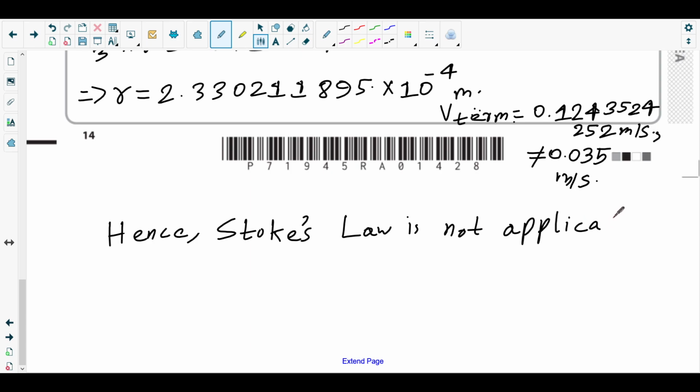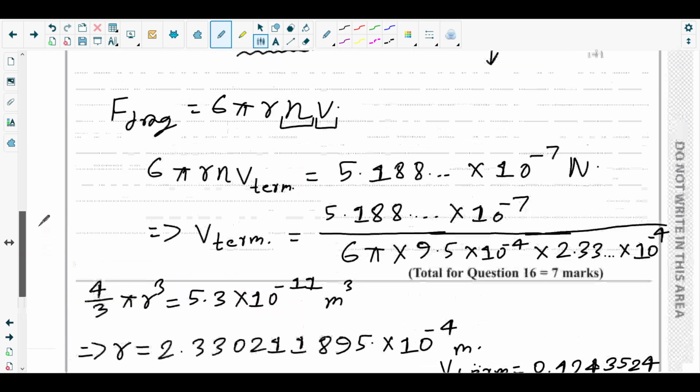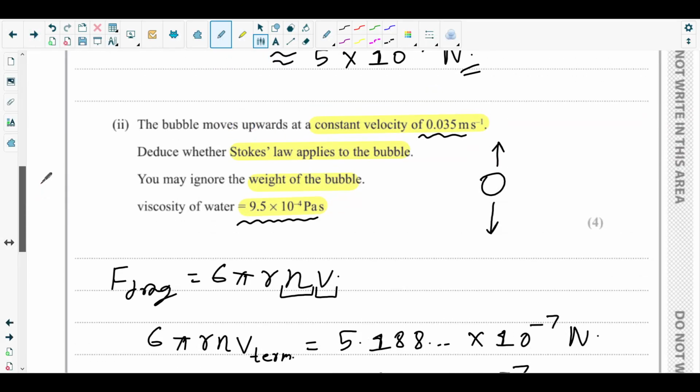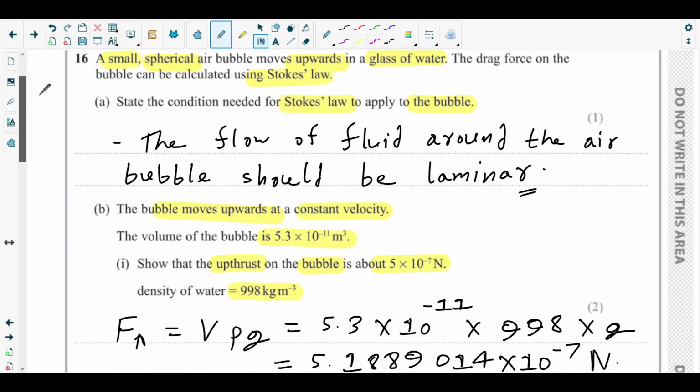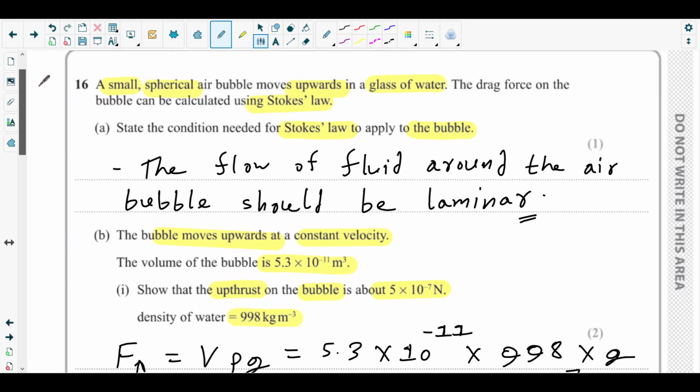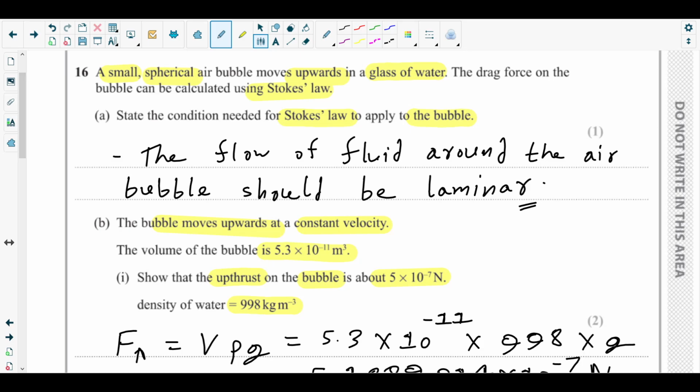That's it. So that's what part 2 of question number 16B has asked for, and that's the end of question number 16 from May 2023 Physics Unit 1 paper.